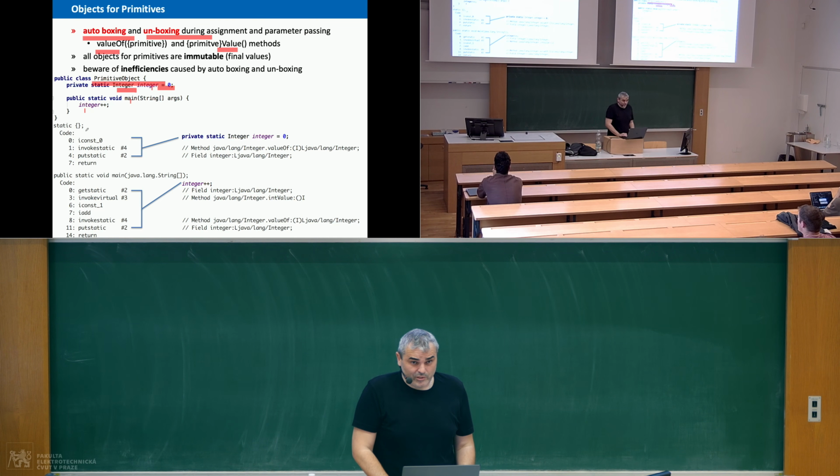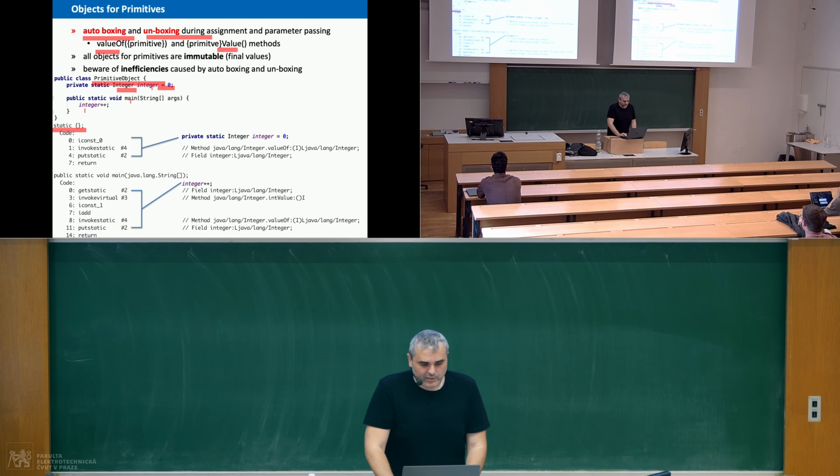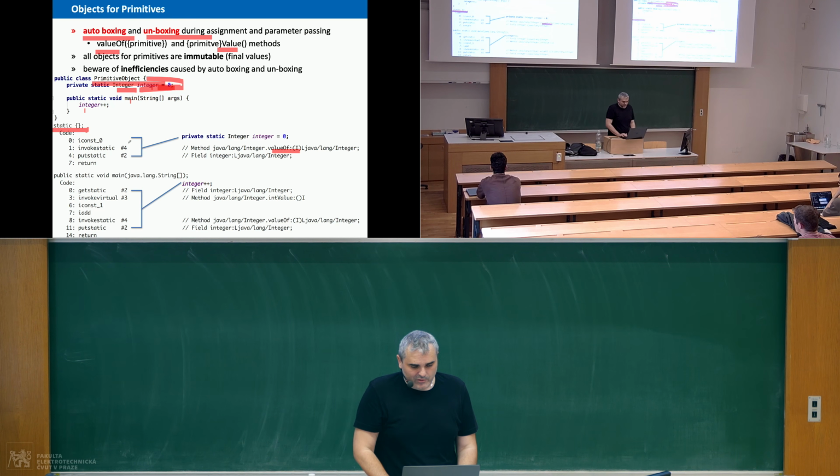If you look at the bytecode representation here, you can see that there is a static initialization block, for this equals 0 initially, which calls valueOf with 0, and the result is stored into that integer field. So even during the static initialization block, autoboxing of that 0 happens, because that 0 value needs to be converted to an object. And that's this valueOf.